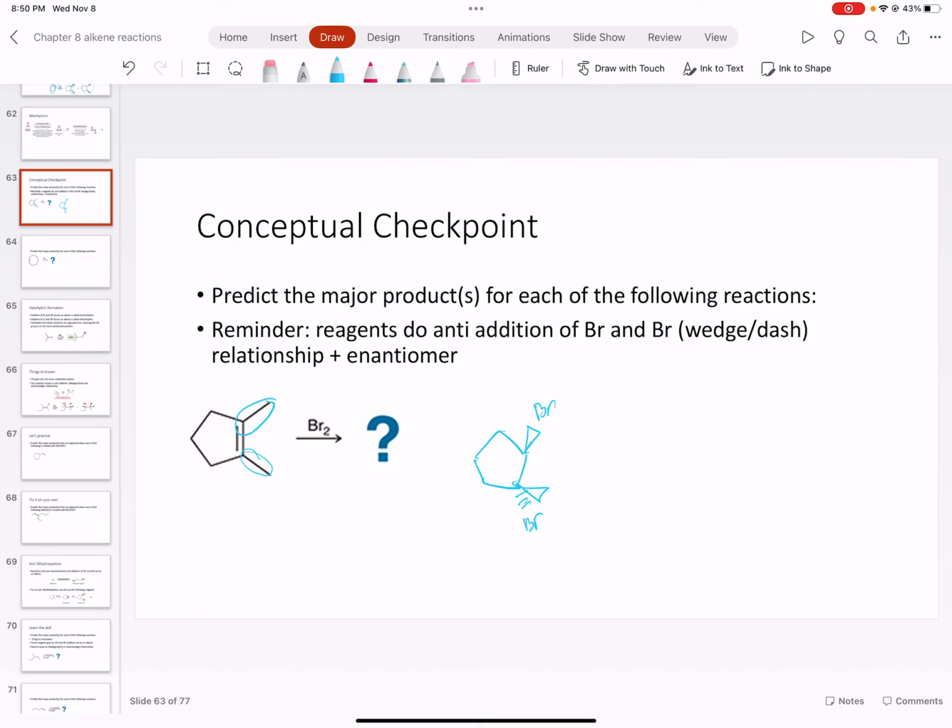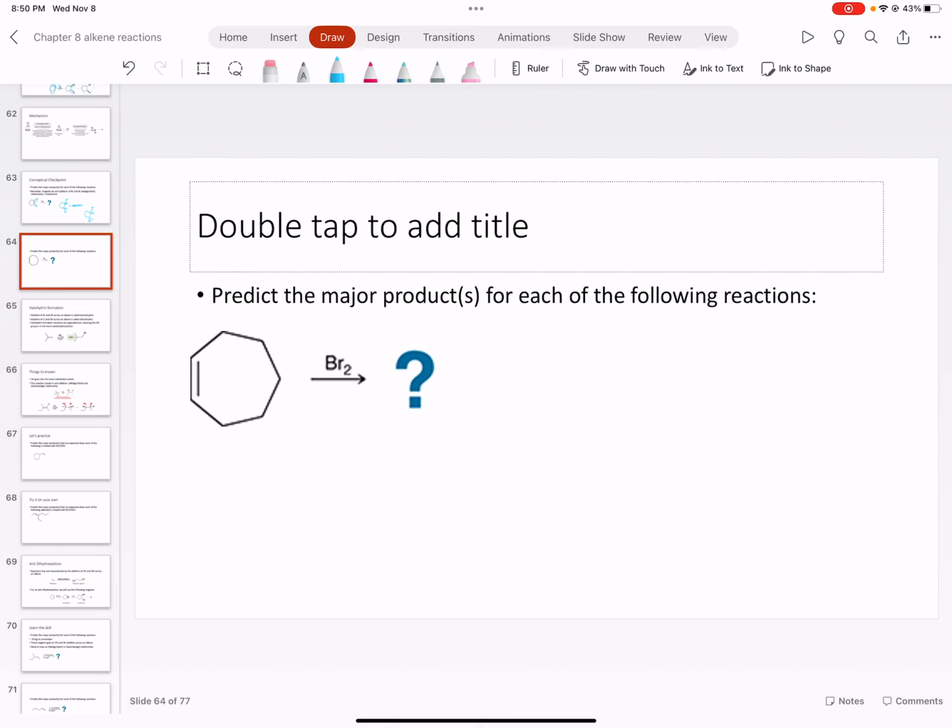Then my CH3 in here will be a dash. And then I will get its enantiomer, which is basically this one. Okay, so you can try it on your own, and you can predict the major product for each of the following reactions.